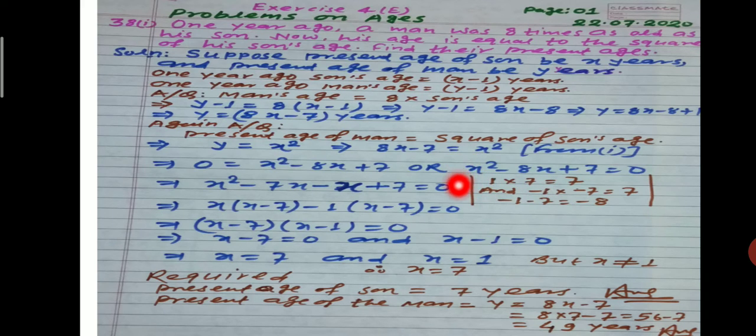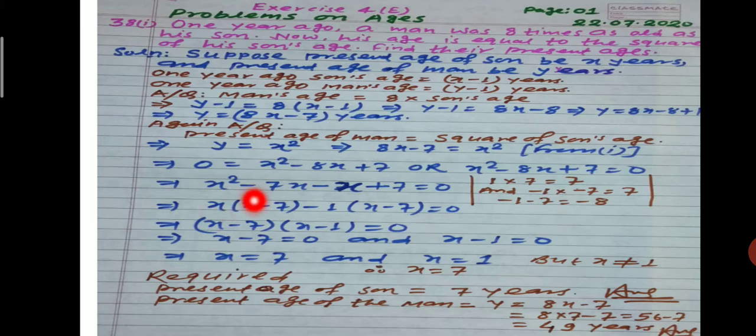Now here the coefficient of x square is 1 and the constant term is 7. 1 multiplied by 7 will be 7, and minus 1 multiplied by minus 7 is also equal to 7, and minus 1 minus 7 is equal to minus 8. Then this implies that x square minus 7x minus x plus 7 is equal to 0.